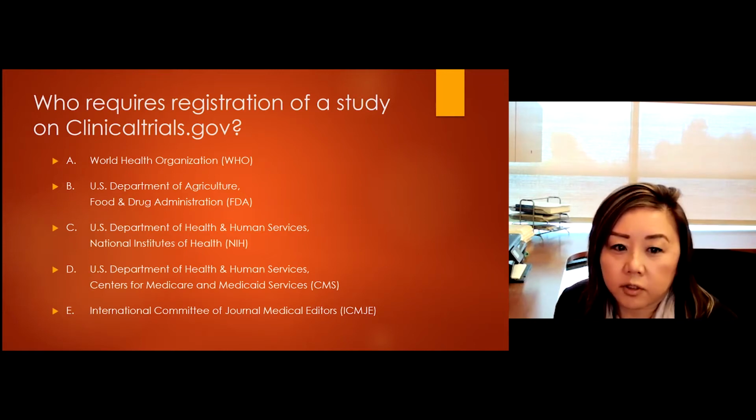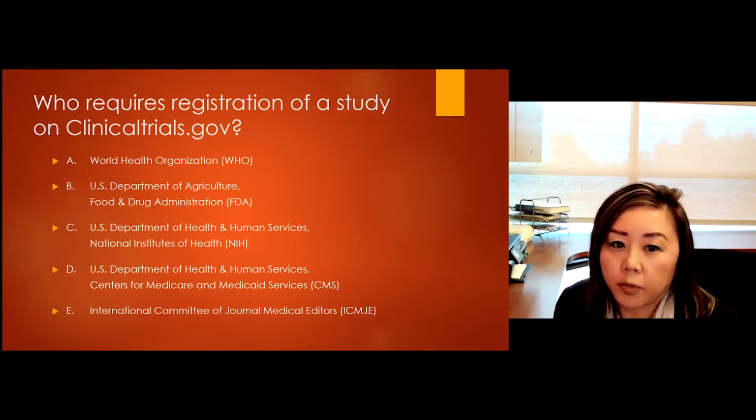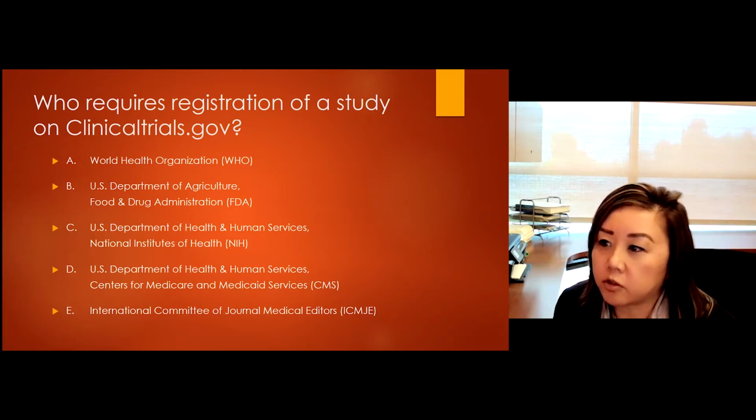Not a lot have experience with CMS or the World Health Organization, but in fact, all of these organizations have required registration for Clinicaltrials.gov. Certainly the ones that you've listed are the main ones that we've encountered in terms of questions and reasons why most people have to register.